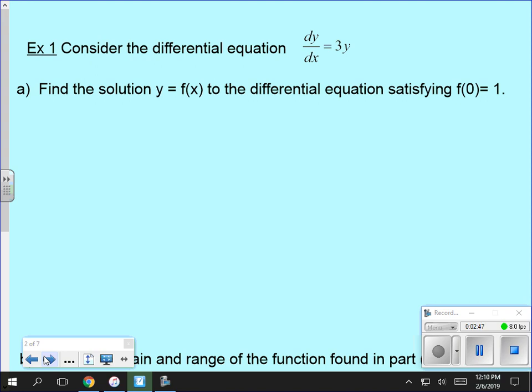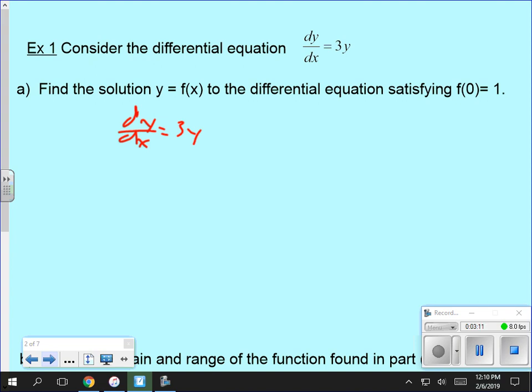So, dy dx equals 3y. First step, y's and dy's on one side, x's and dx's on the other side. I don't have any x's, so I just have to move the dx to the other side.